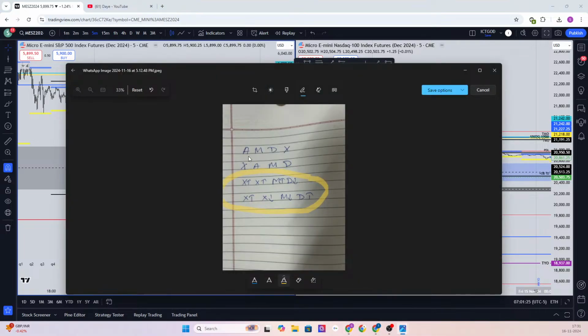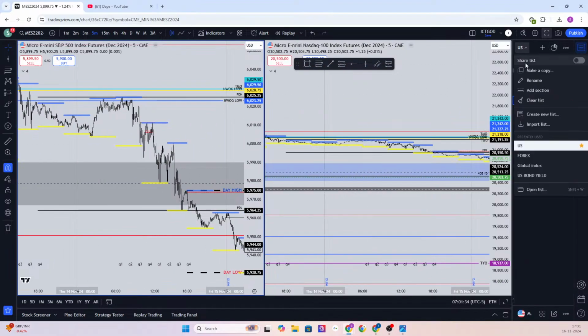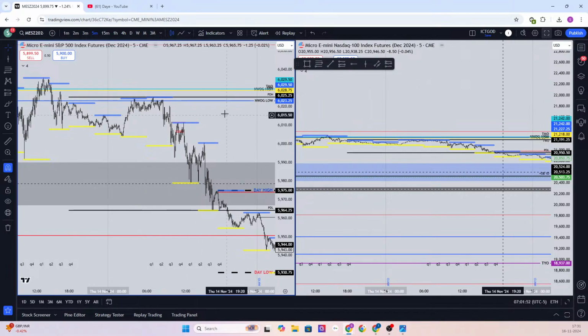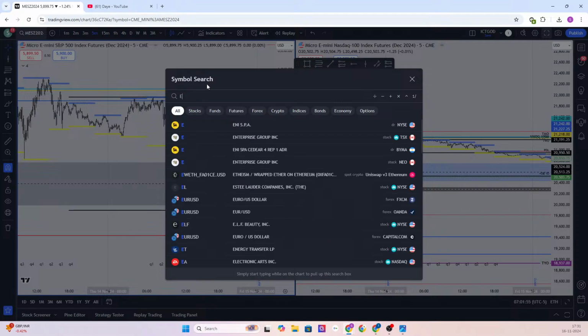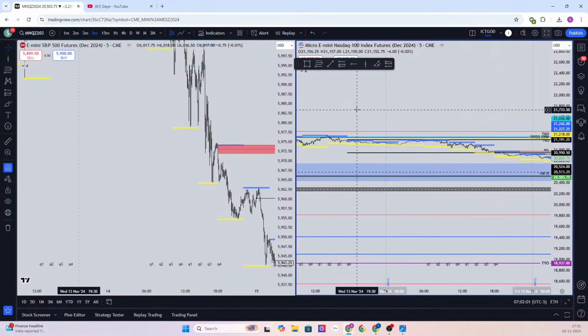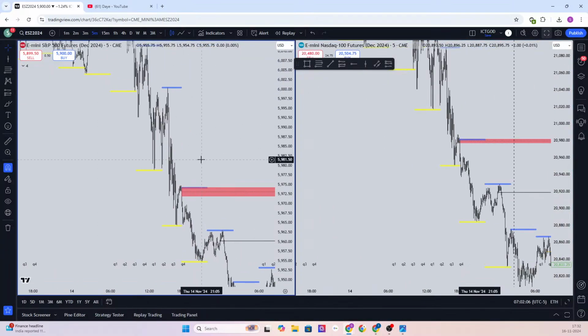We'll first look into an example for this: accumulation, manipulation, distribution, and then X. Let me go to the chart, because I have drawings here and I don't want to remove them.